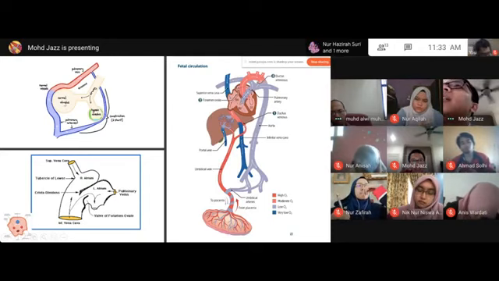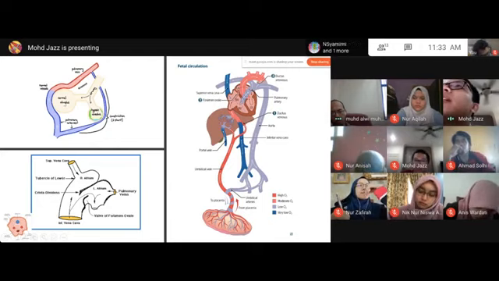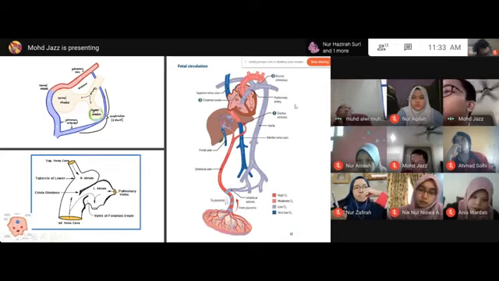So the pulmonary artery tends to flow easier. As it flows easier, it enters the lungs more compared to the flow through the ductus arteriosus.